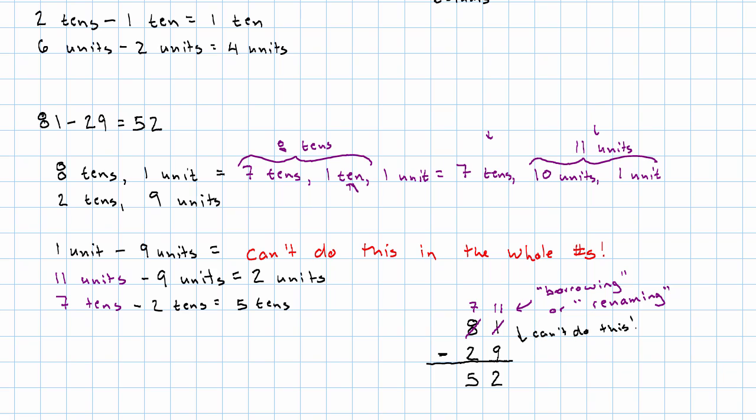Here we're taking 1 ten and saying that it's the same as 10 units. In addition, we went the other way. We said 10 units was the same as 1 ten. Again, we see that relationship between addition and subtraction on display. We're making a similar move, but in the opposite direction.